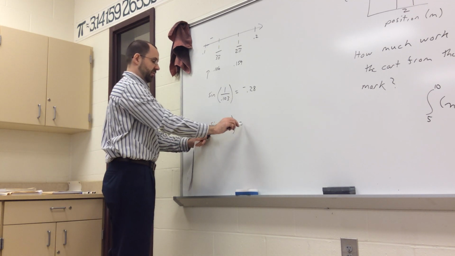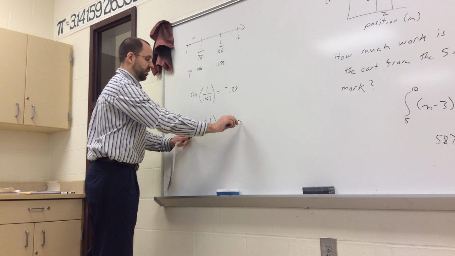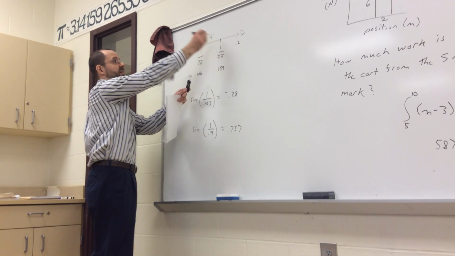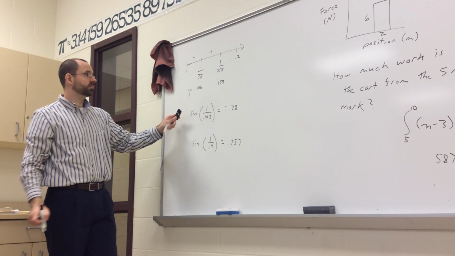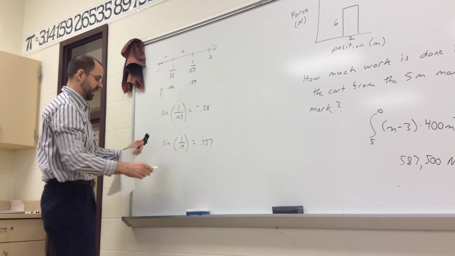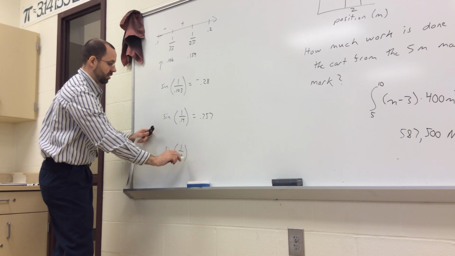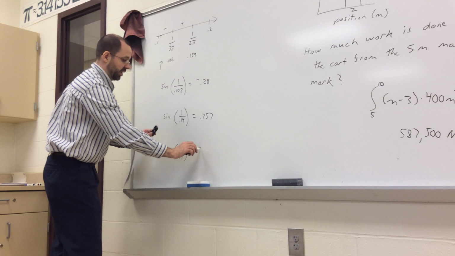And the sine of 1 over 0.14 is 0.757 or so, which is positive. So that means that this quantity is going to be positive in that interval. And then the representative I picked there was 0.19. And that came out to about negative 0.852.